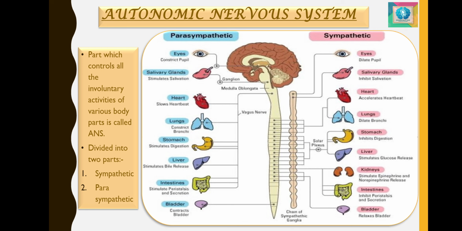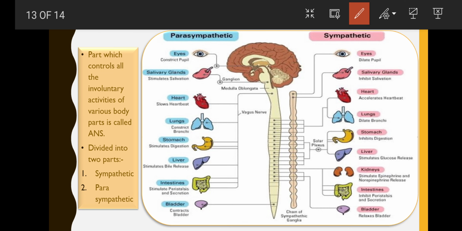This ANS allows these functions to take place without us needing to consciously think about them. The ANS is further divided into two: parasympathetic and sympathetic. So let's discuss these two parts also.